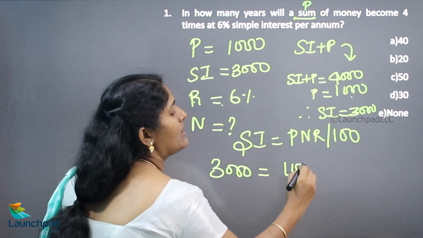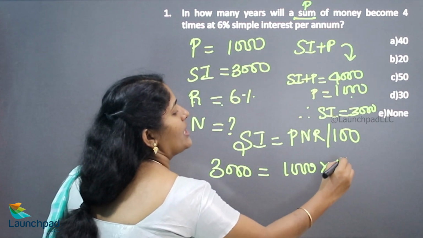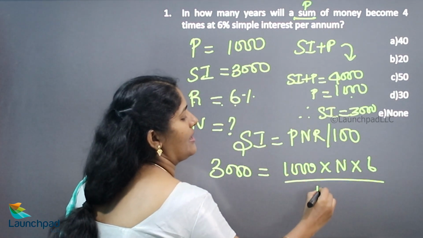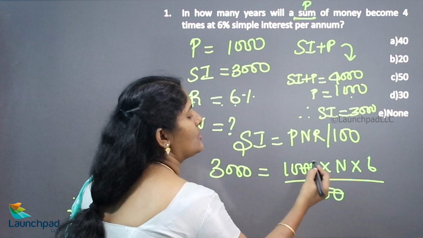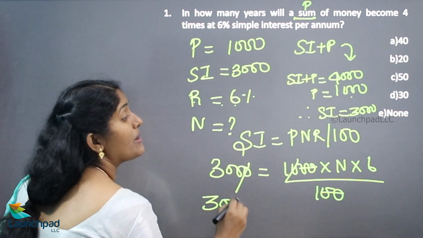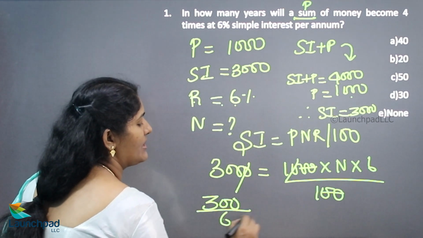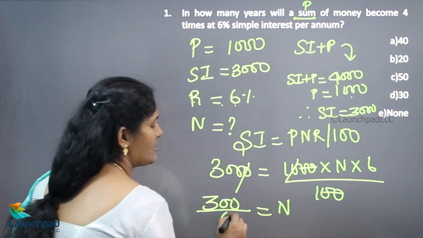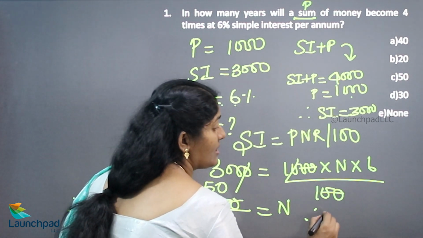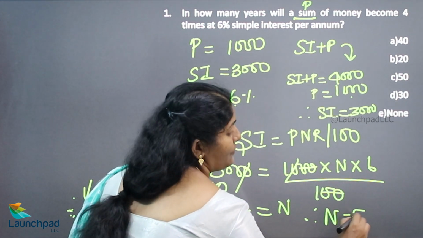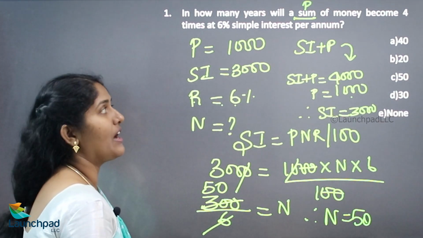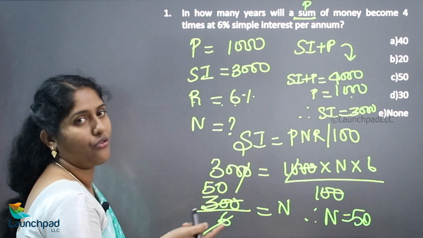What is your principal? 1,000. We don't know the number of years. What is your rate of interest? 6 by 100. So cancel it. The zeros cancel, and 300 by 6 will be divisible. So the number of years is equal to 50 years. 50 years will be taken for the principal to become 4 times.